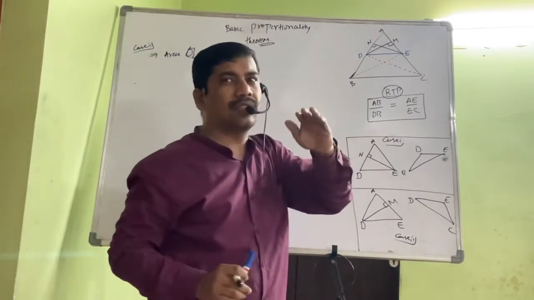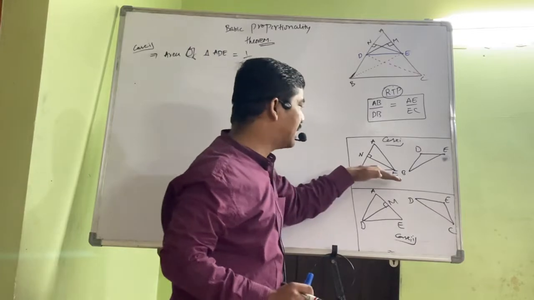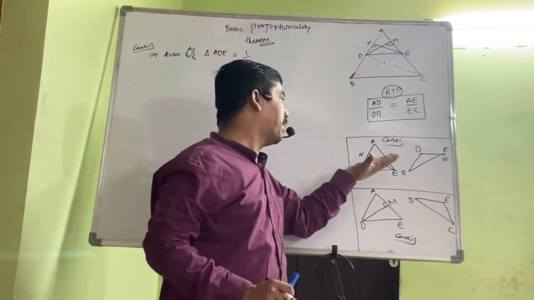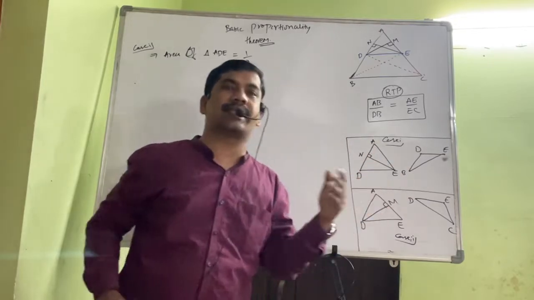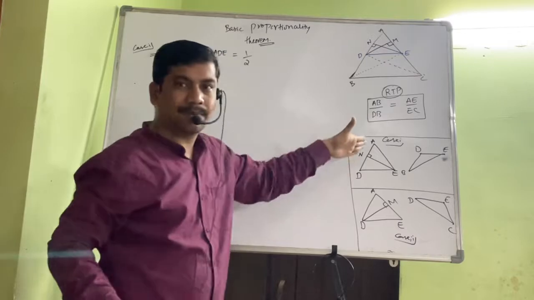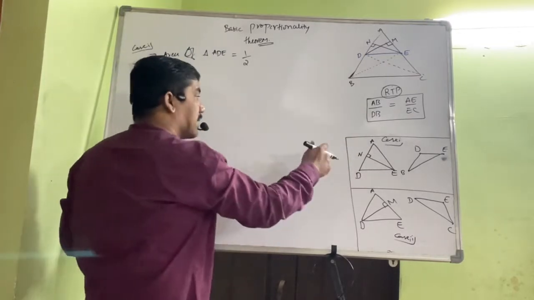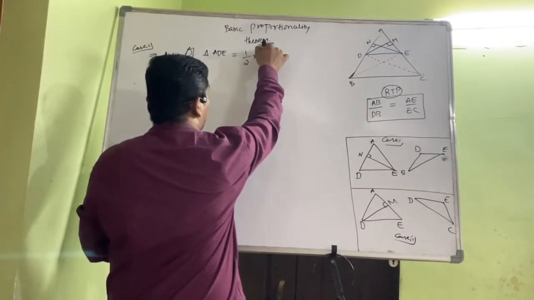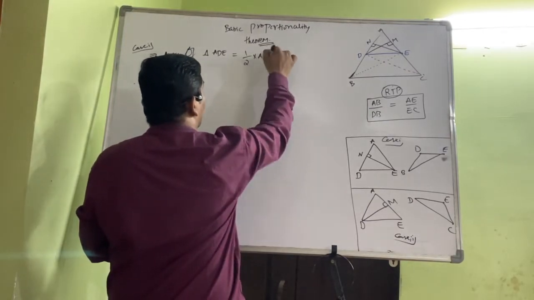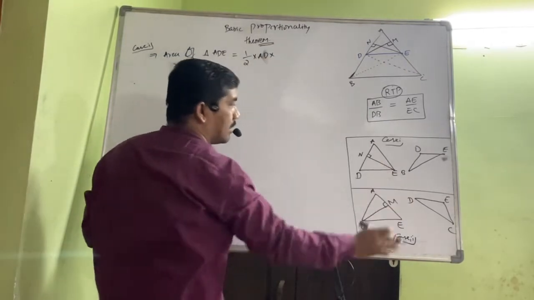Now mostly when you see the diagram, you feel that base is DE. But not necessary. Wherever the perpendicular line has been drawn, that you take as base. Where is this perpendicular line? On AD. Yes, sir. So AD is our base. Half into AD into, half into base into height. Height will be EN.